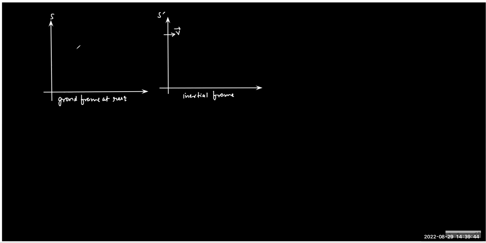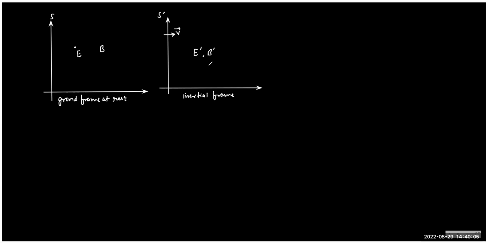So let's say there is an electric field and magnetic field in a frame of value E and B. If you observe the same from the frame which is moving, the answer will change to E dash and B dash.